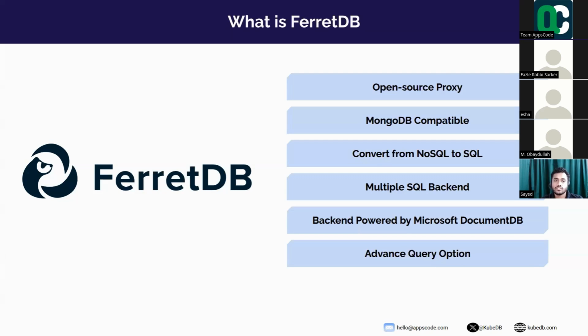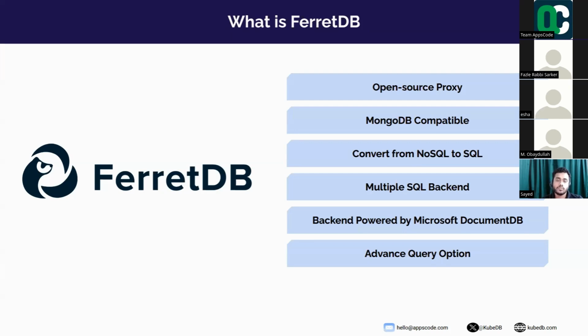Essentially, it converts NoSQL style MongoDB queries into SQL, and it allows us to work with structured data using the familiar MongoDB style. It also supports multiple SQL backends like Postgres or SQLite, and in the near future it will bring MySQL as well. It also gives us flexibility in storage options.